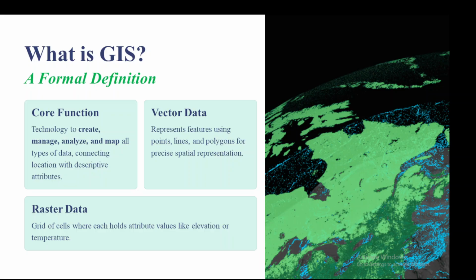A forest manager can use GIS to see how trees cover the land, or how the tree cover has changed over the years. Also, a disaster response team can identify which villages are most at risk from floods. And this is the power of GIS. It brings location intelligence into decision making.